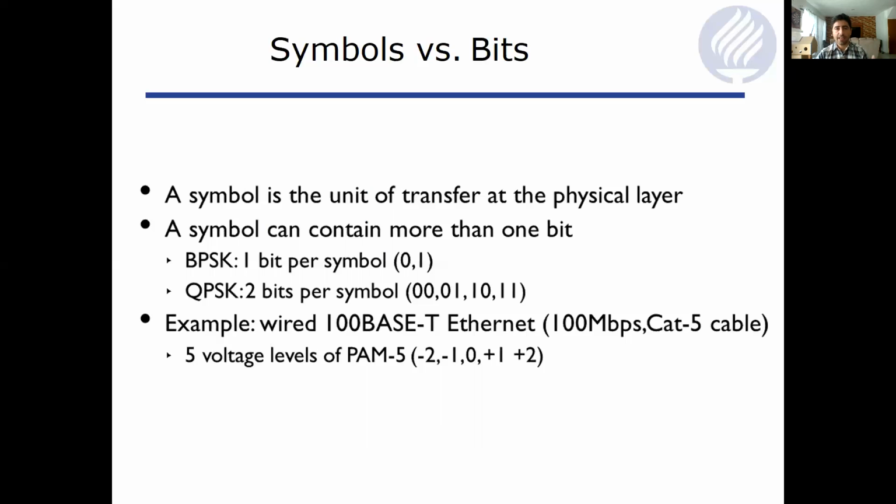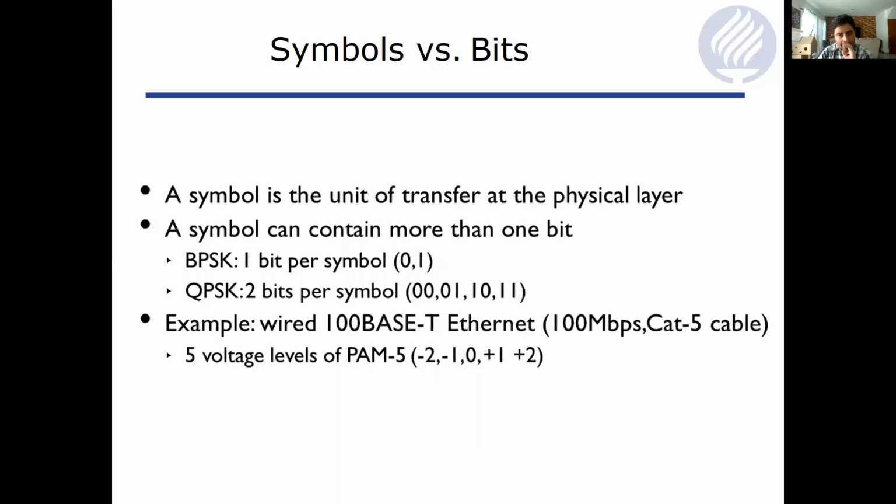But down in the physical layer, we can't necessarily transmit the whole byte. It might be that we can only transmit a couple of bits at a time. And so in the physical layer, we talk about symbols. A symbol is the unit of transfer that the physical layer can provide.